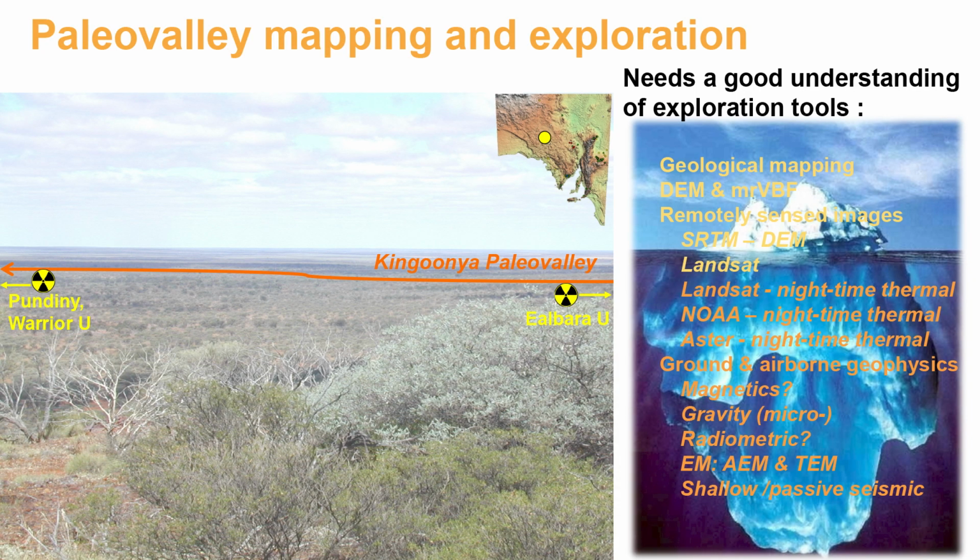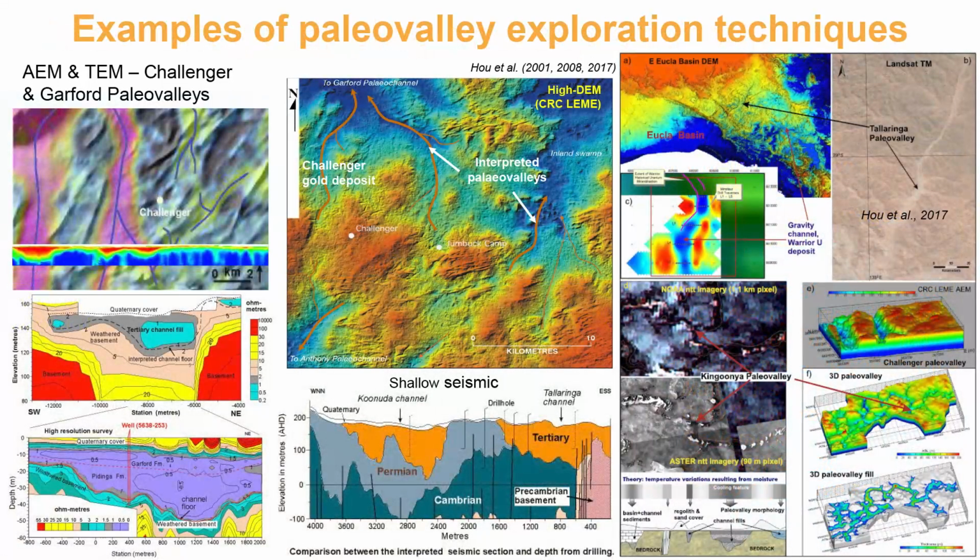But today we know there is a paleochannel there. These are several examples of the methods we use. This is very important: for a certain area you should use the right method, because all these methods are based on the geological control.